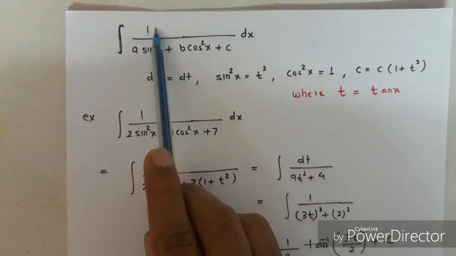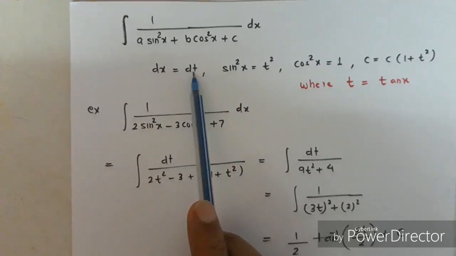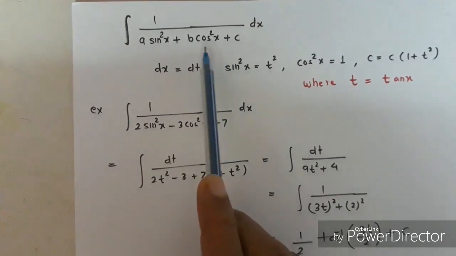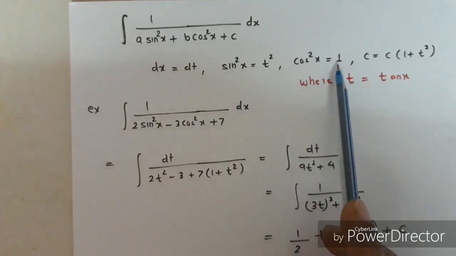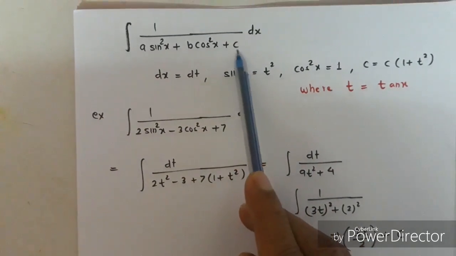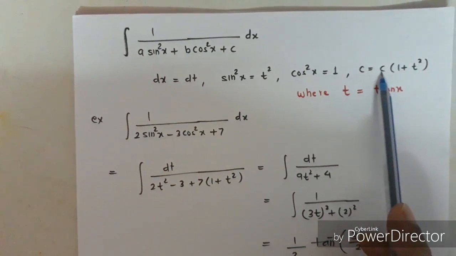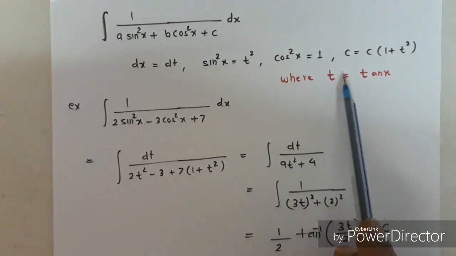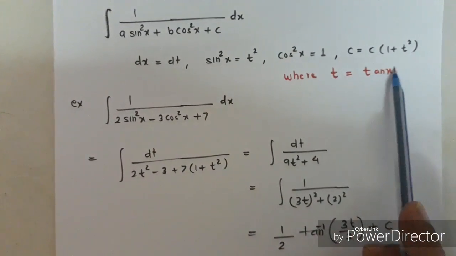What we do in this type of question: replace this dx by dt, replace sin square x by t square, replace cos square x by 1, and replace this constant c by c into (1 plus t square), where t is equal to tan x.